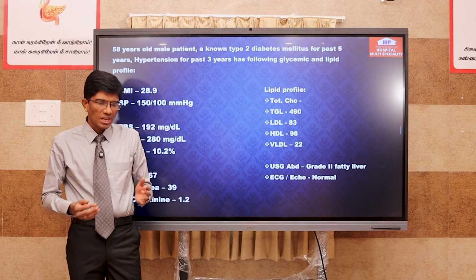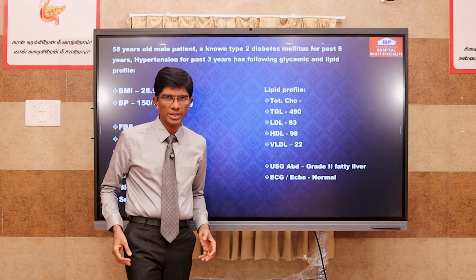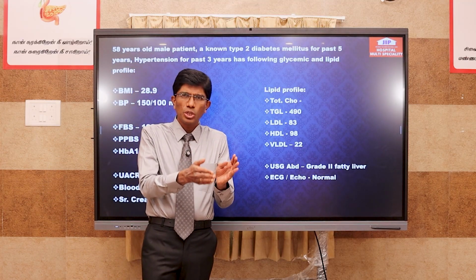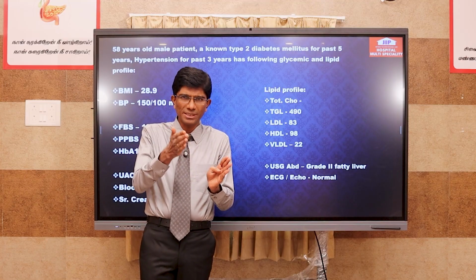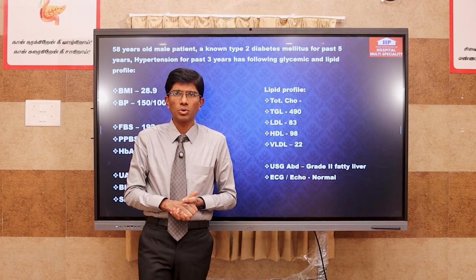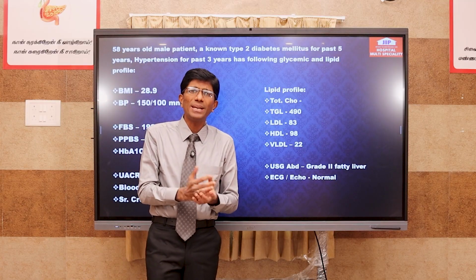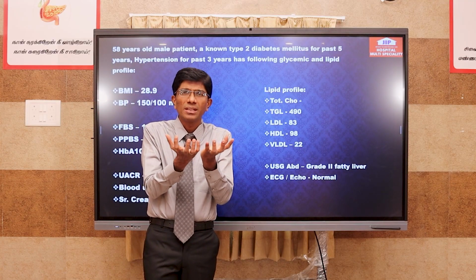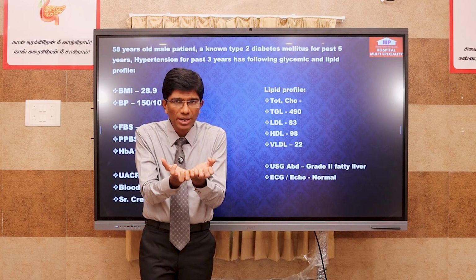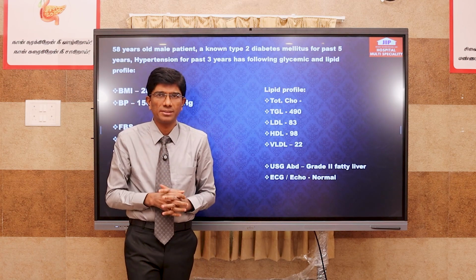For example, I have lean body mass. When you have lean body mass, your creatinine production from the muscle would be low. So naturally you will have a decreased creatinine value because of your lean body mass.